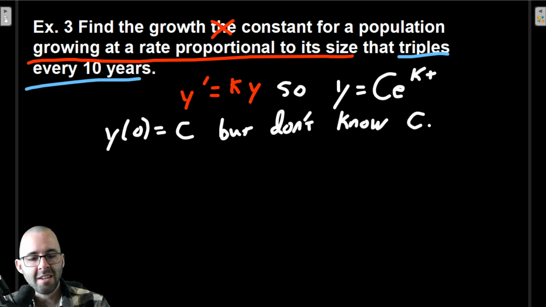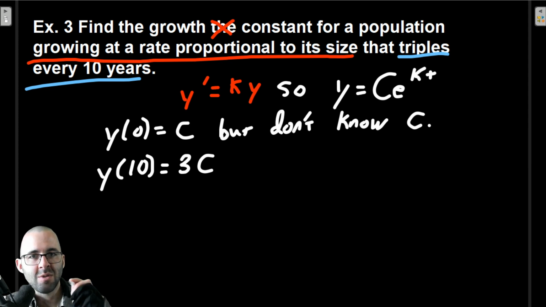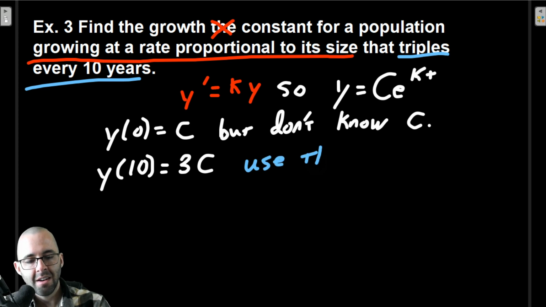But we know it triples in 10 years. So after 10 years, I don't know what it started with, but I know it's tripled. Whatever we started with, after 10 years, it's 3 times as much. We're going to use this to solve for k.